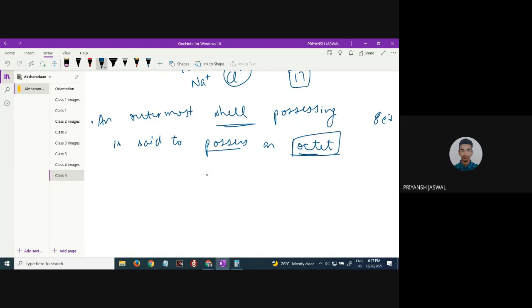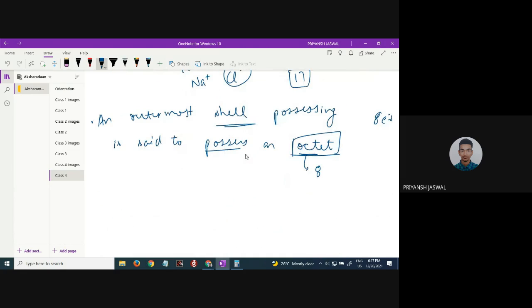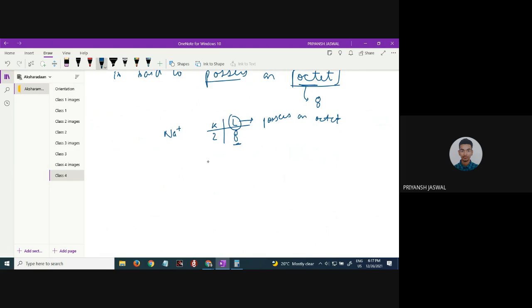Oct is basically the prefix for 8. Like here in Na positive, there are 2 electrons in the K shell and 8 electrons in the L shell. The L shell is said to possess an octet. Octet means it possesses 8 electrons. So this was about the octet.